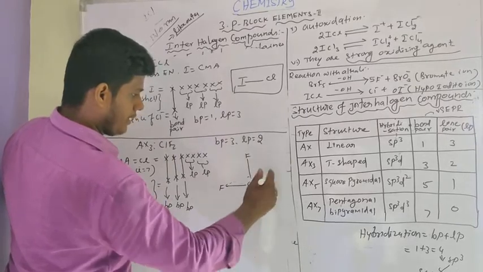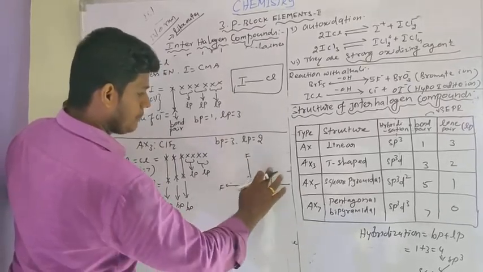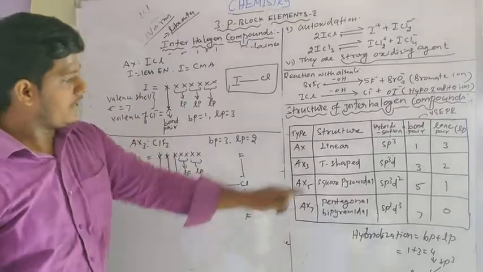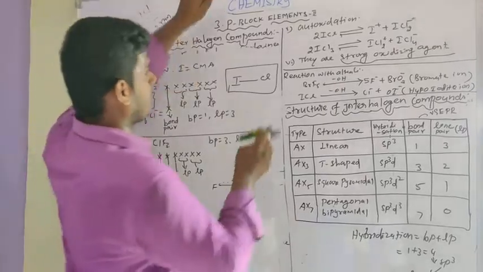T shape, like that. This is the T-shaped structure. The hybridization is also sp3d.